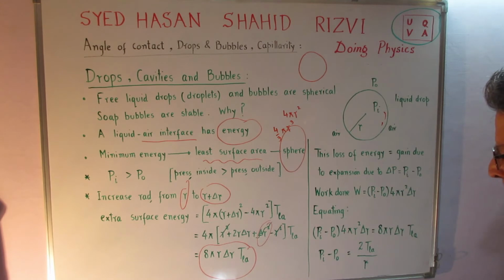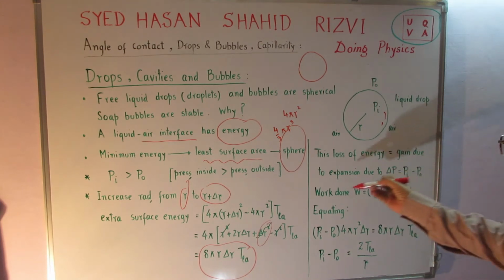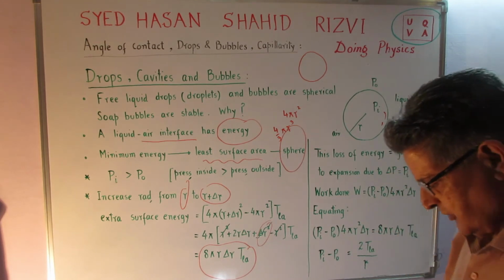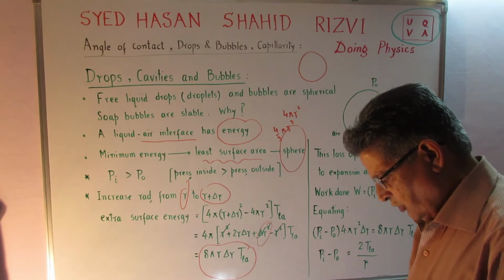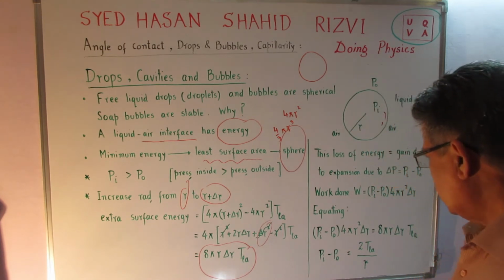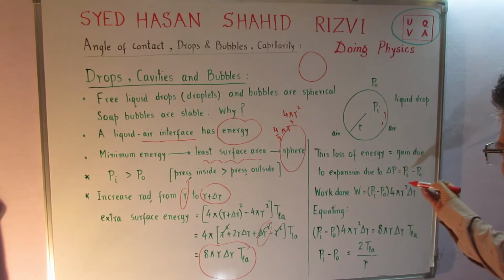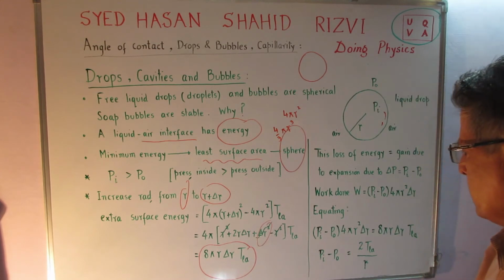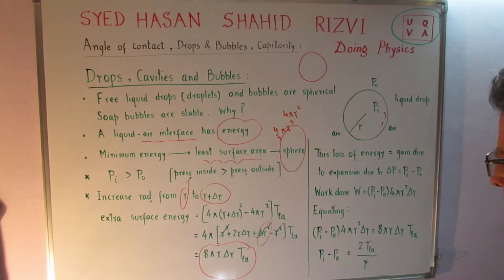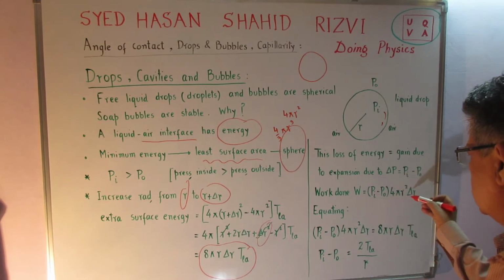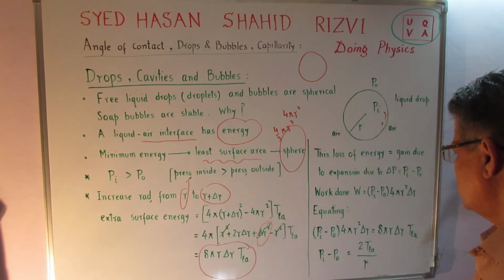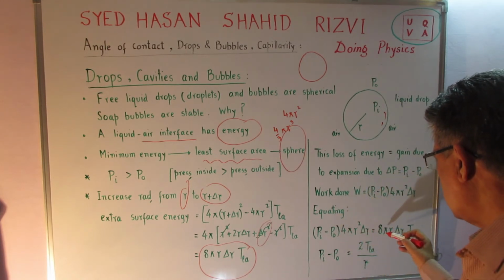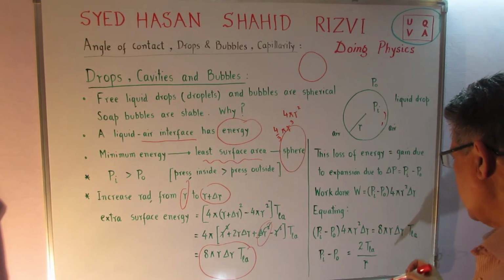This loss of energy is equal to the gain due to expansion. Delta P is equal to Pi minus P0, so expansion takes place, and therefore we write the work done W is equal to the pressure difference into 4 pi r square into delta r. When we equate the two of them, we write (Pi minus Po) 4 pi r square delta r is equal to 8 pi r delta r TLA.